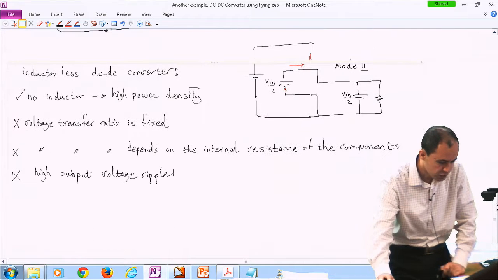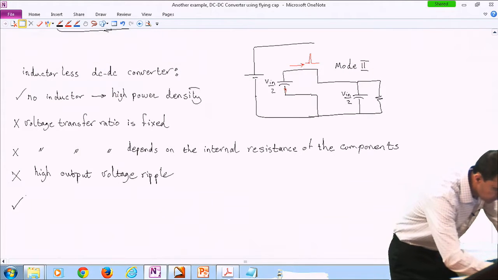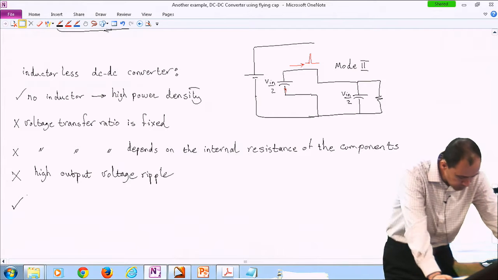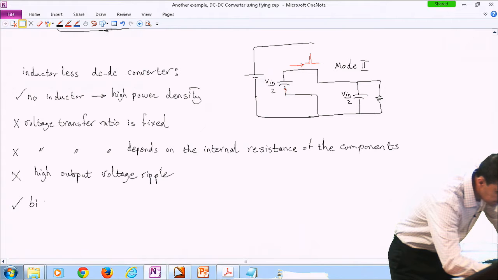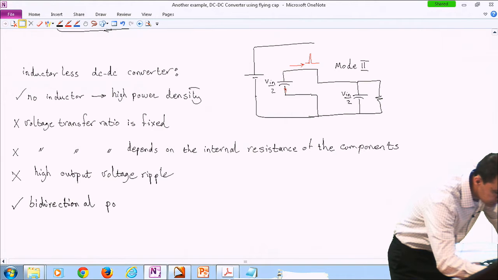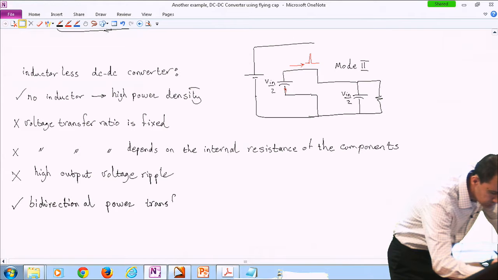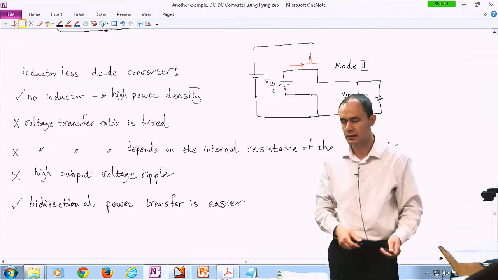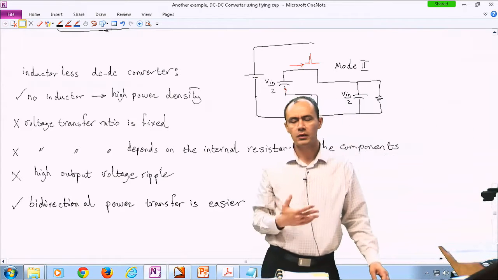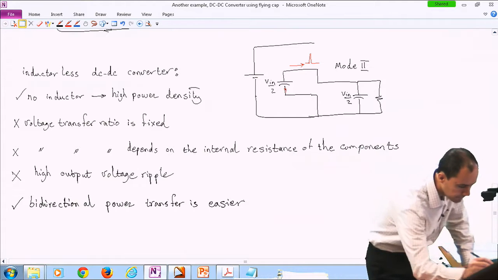One advantage is that bidirectional power transfer is easy. Okay, so what do I mean by that? Pretend you have a bidirectional buck topology, right?